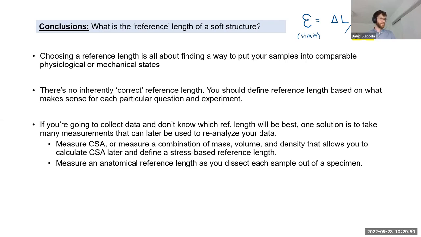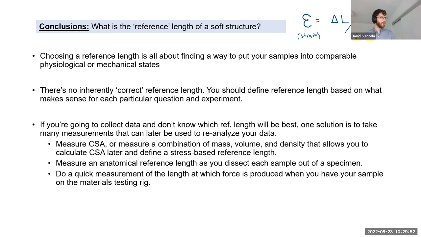It's handy to always have this reference length. And then once you have your sample on the rig, you can always do a quick measurement of the length at which force starts to be produced, like the first force or stress-based approach, which can also be used as a reference length if you need it.